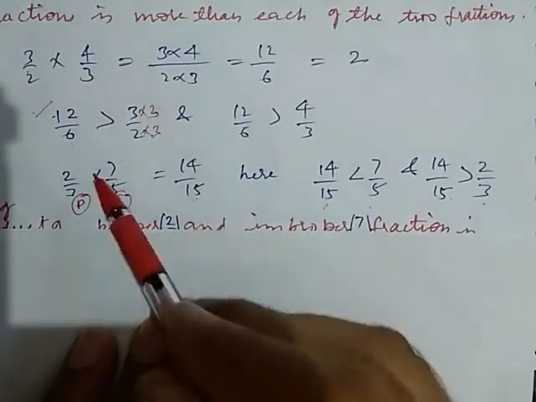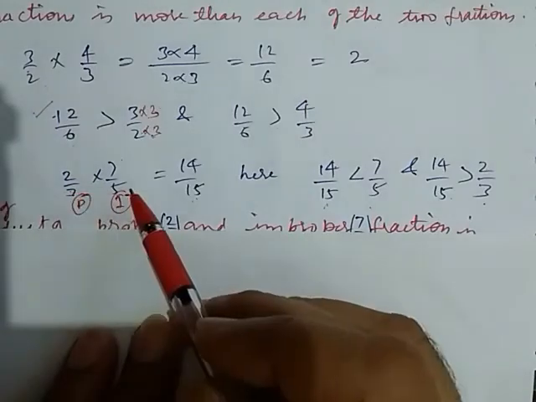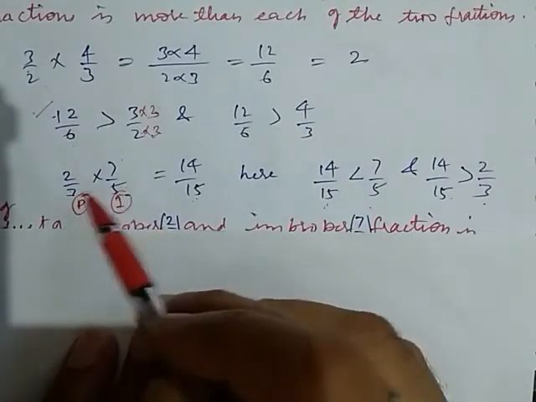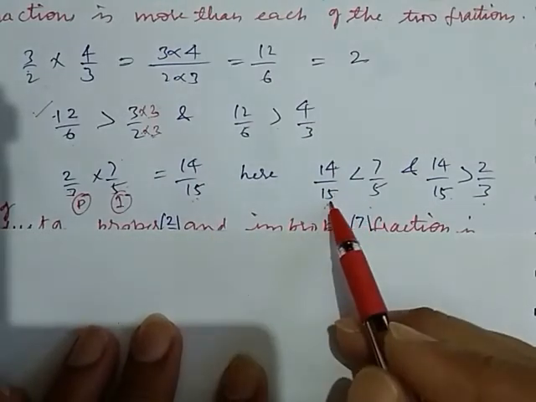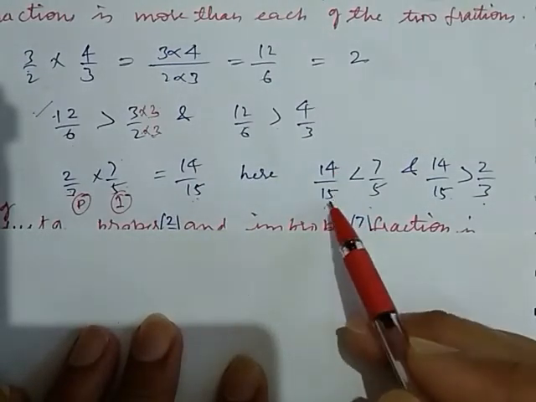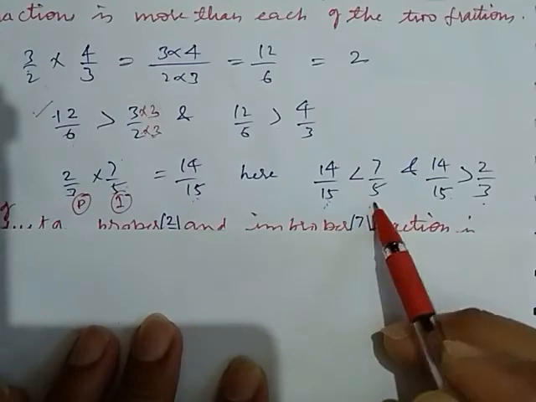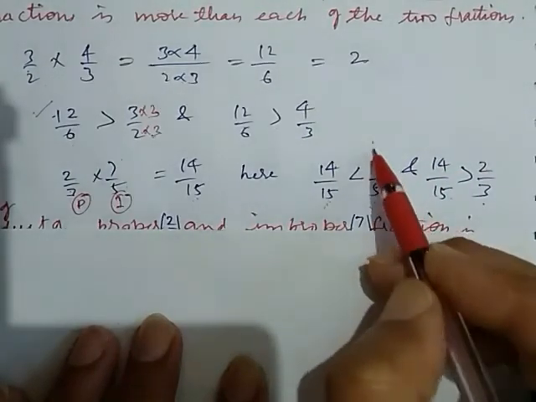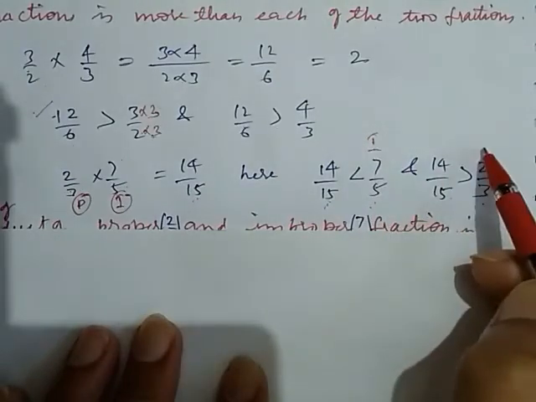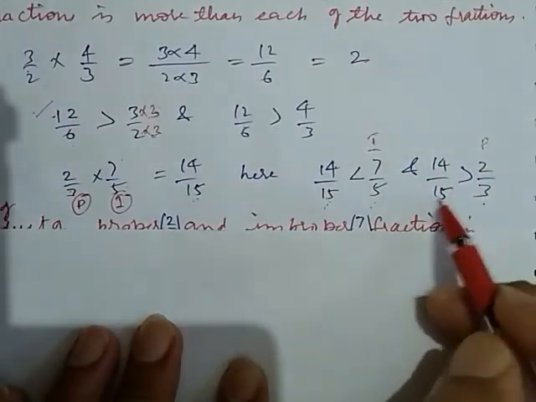The result of the product of proper and improper fractions is 14 by 15. Here we clearly check that 14 by 15 is lesser than the improper fraction but greater than the proper fraction. It is the improper fraction, it is the proper fraction, here the product.